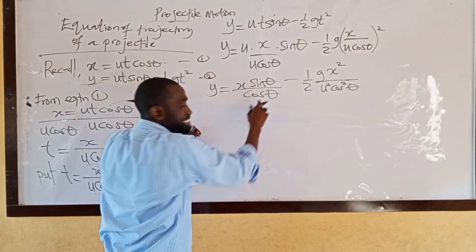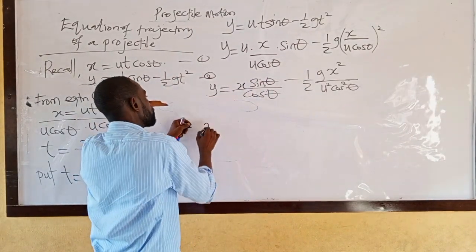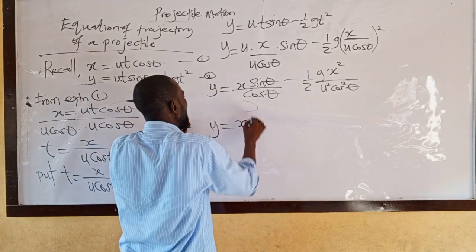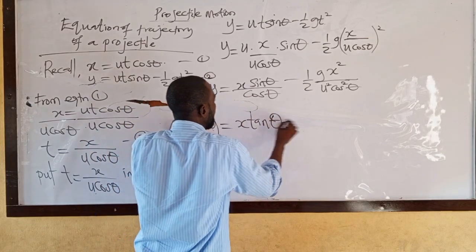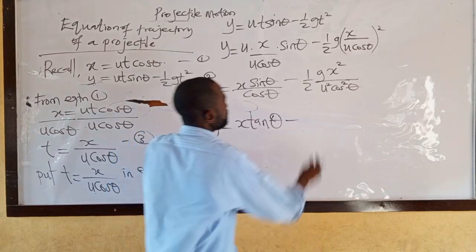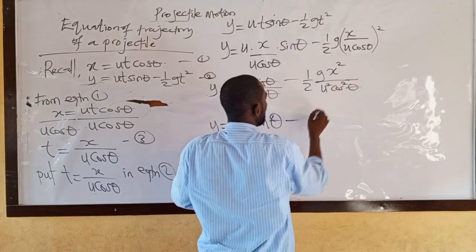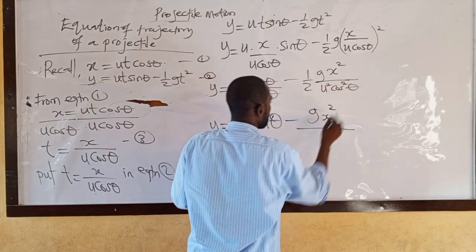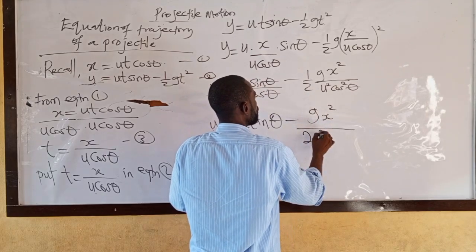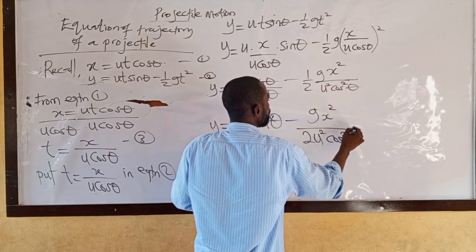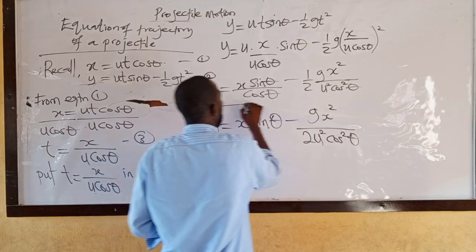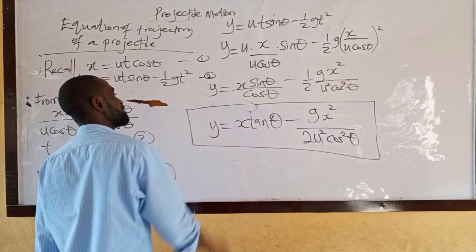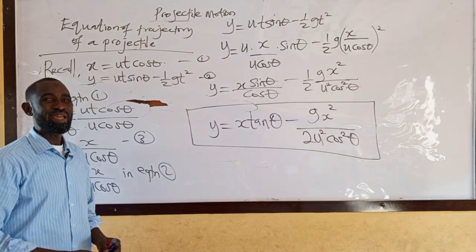Sine over cos is tan. So y equals x tan theta minus g x squared all over 2 u squared cos squared theta. This is what we call the equation of trajectory of a projectile.